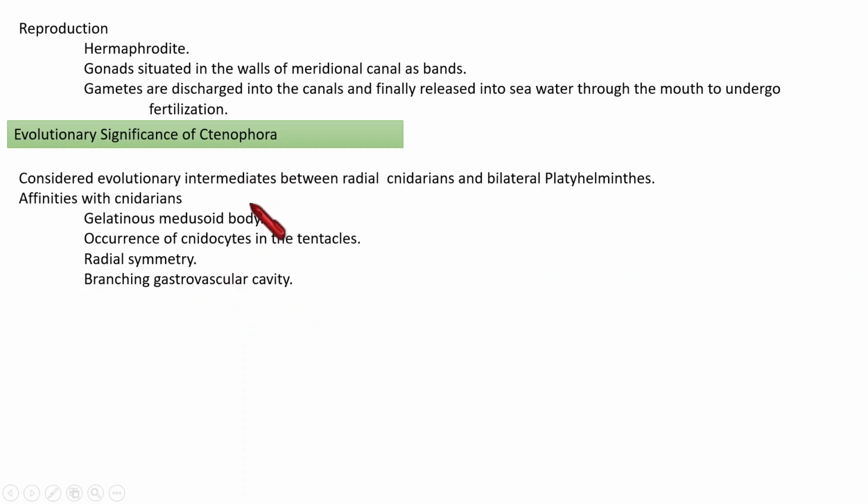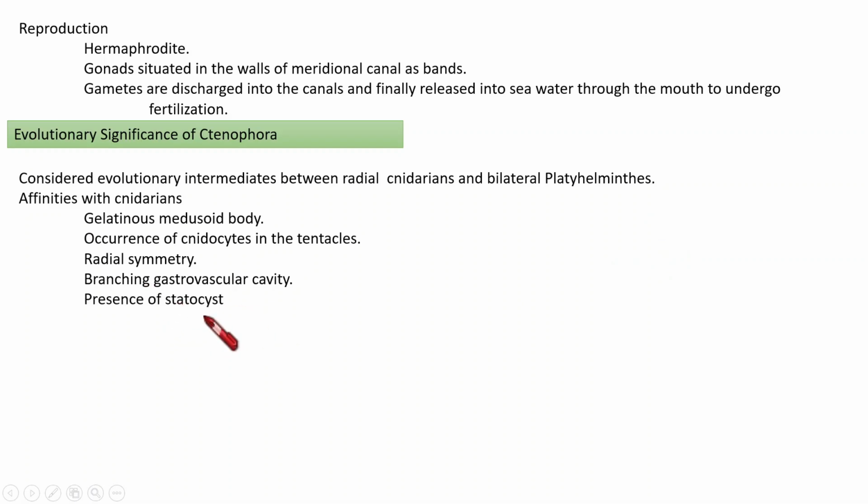The gastrovascular cavity in Cnidarians is also branching. We have seen that the mouth opens to the gullet, then it reaches the stomach and then radiates into so many radial canals, and they all join to form a ring canal in the case of Cnidarians. Likewise here also branching is possible to see in the gastrovascular cavity.